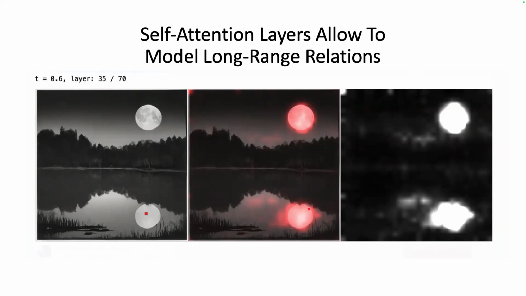And if we think about it a bit more, why is this the attention map that we get for this point? As I mentioned before, attention maps basically give us the most semantically similar points for this specific red point. So what are the most semantically similar points in the image? The points on the reflection and the points of the moon.